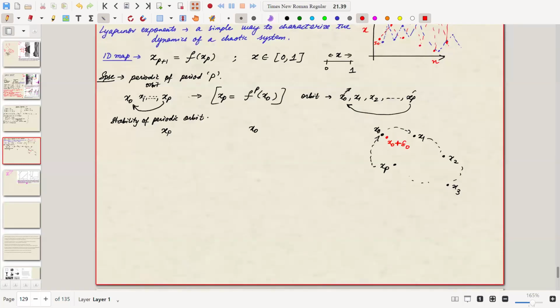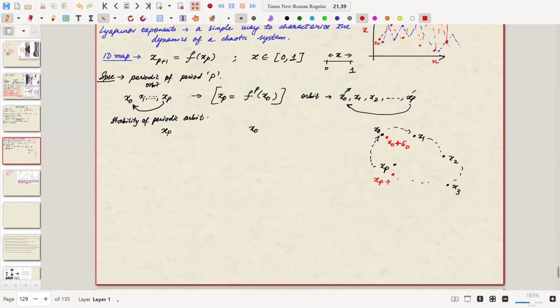I took plus. You can take minus, it doesn't matter. We can just do simple things, not complicated things. So x naught plus delta naught. Now my question to you is how xp is getting affected. Will xp also get affected, right? Because it is following a trail.